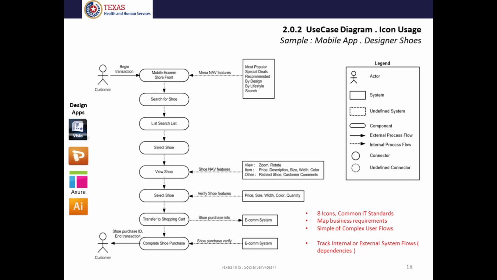On the right is the icon palette set. The 8 icons we previously discussed, recording the actor, system, components, process flow, and connector. Believe it or not, connector is actually quite important from a visual language perspective. When we design any UX UI flow, do not cross the flow lines.